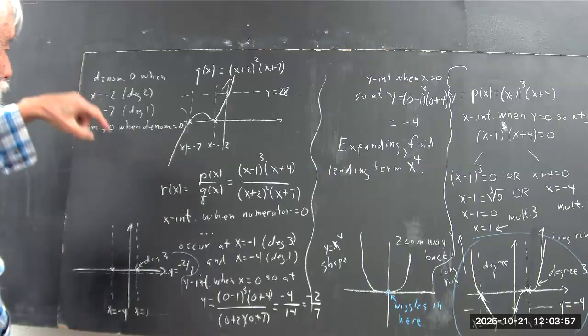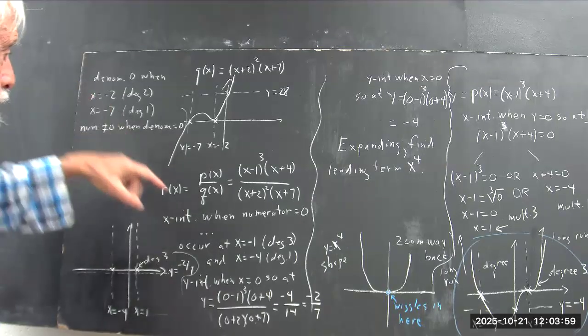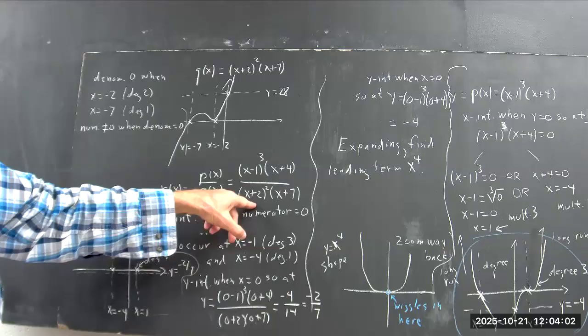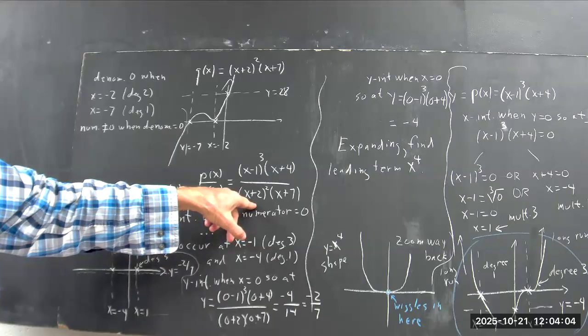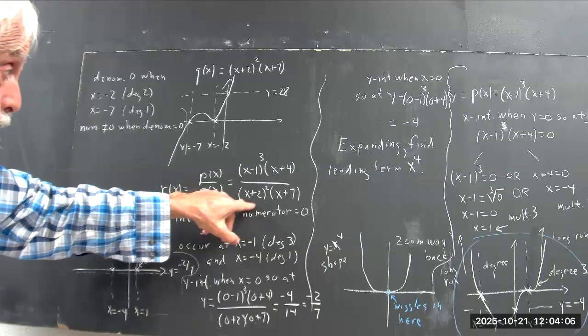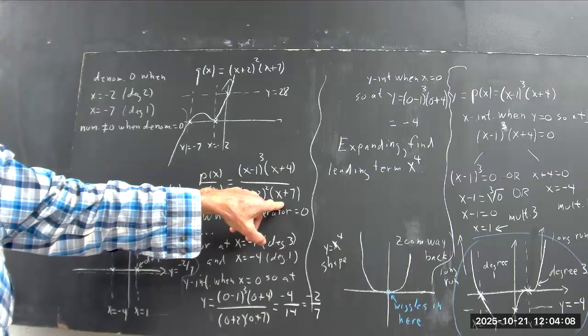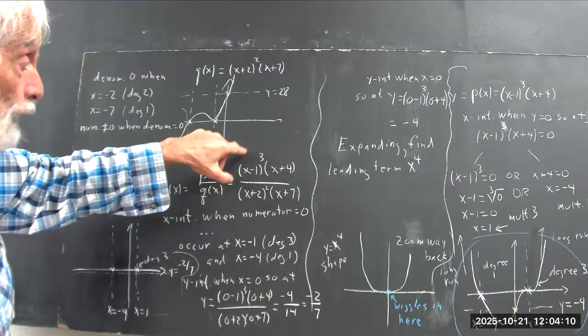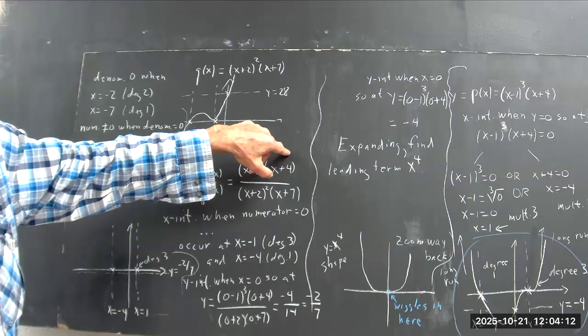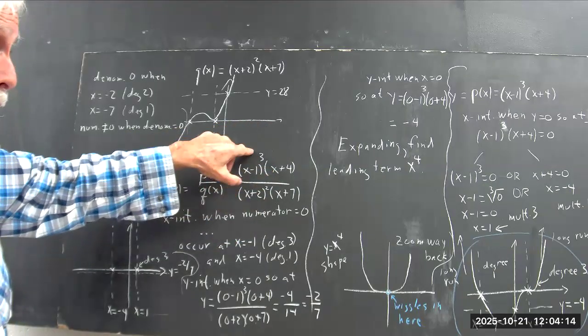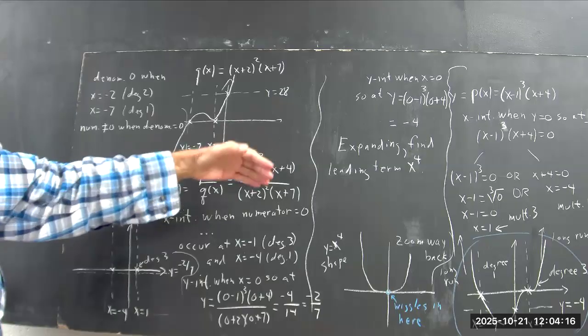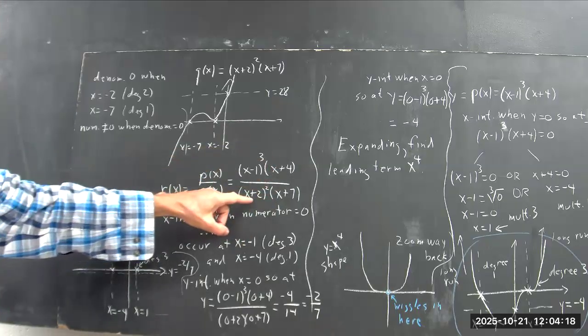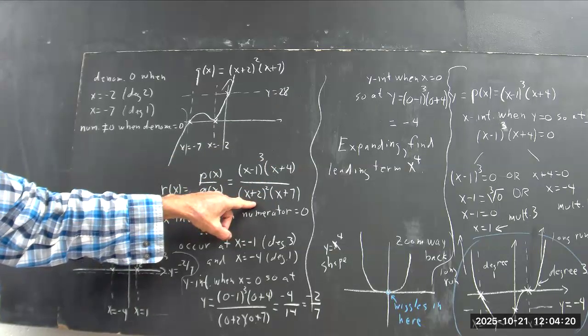Because as x gets closer and closer to negative 2, this gets closer and closer to 0. Okay? This means your denominator gets closer and closer to 0. The numerator doesn't get closer and closer to 0. So the denominator goes into the numerator more and more and more times the closer x gets to negative 2.